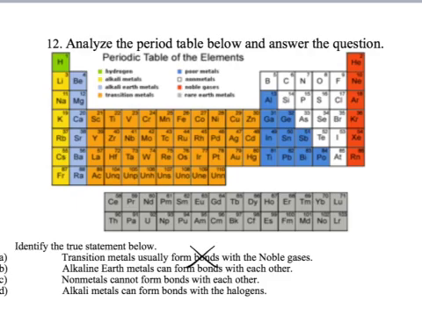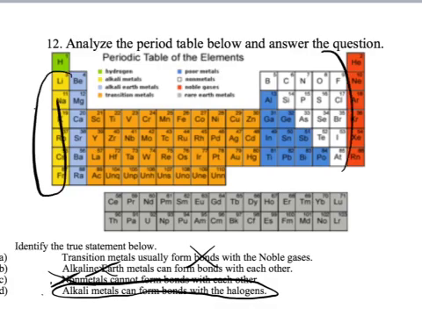No, they don't. They usually like to form bonds with other things. Nonmetals cannot form bonds with each other. Yes, they can. That's covalent bonding. Alkali metals can form bonds with halogens. That's true. They actually do like to bond with each other because these guys like to donate one electron, while these guys need to receive one electron.